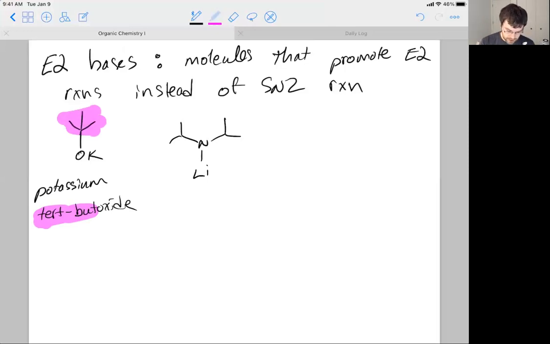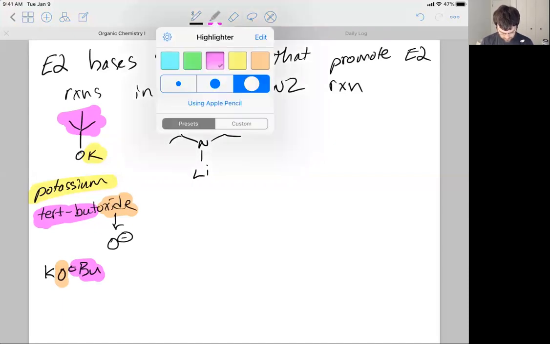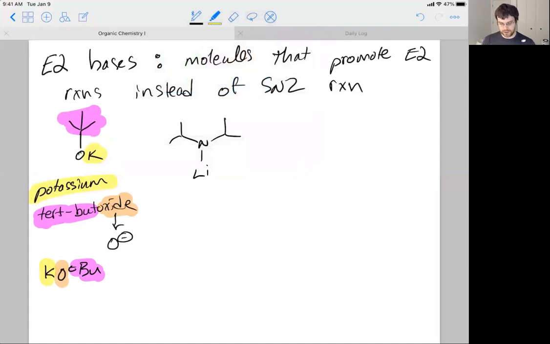And then you can see the potassium and then the oxide. The oxide implies that we have an O with a -1. This is also drawn as KOtBu, where we have our O, our tBu for tert-butyl, and then our potassium. Okay.